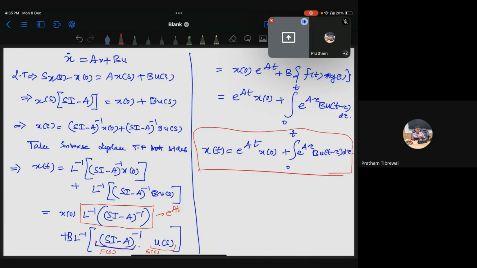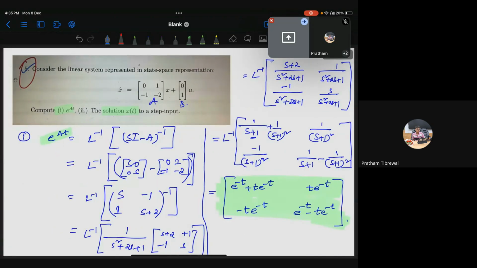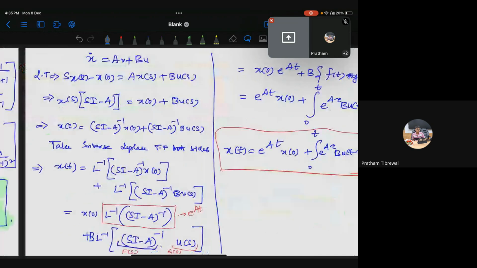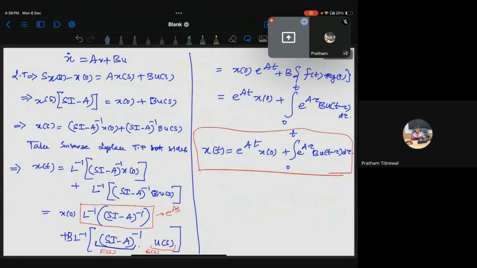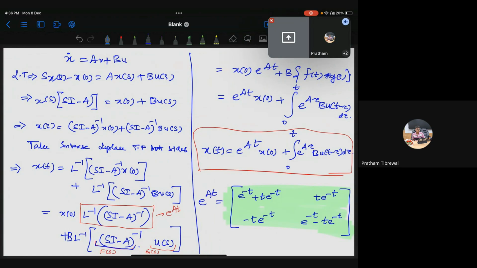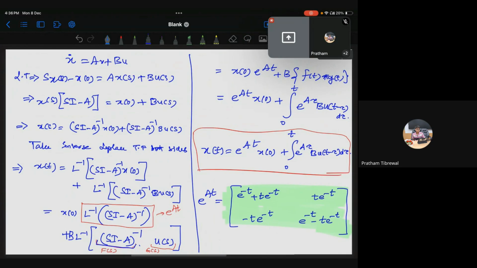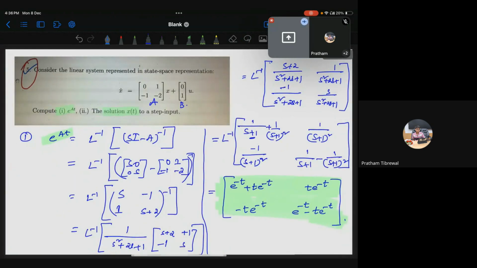Okay, so now in this we already know that this is our e power at expression. If you know the initial conditions. Initial conditions are not given, so you can consider them as 0.